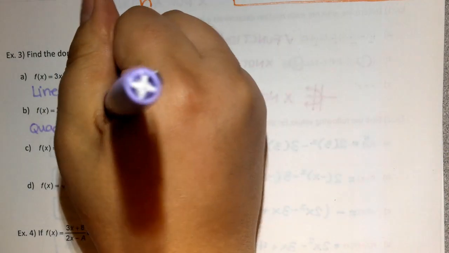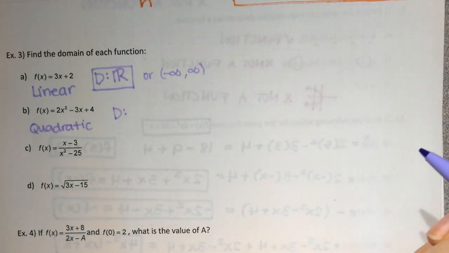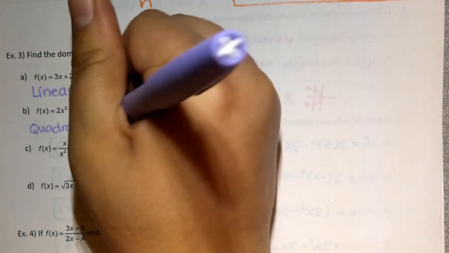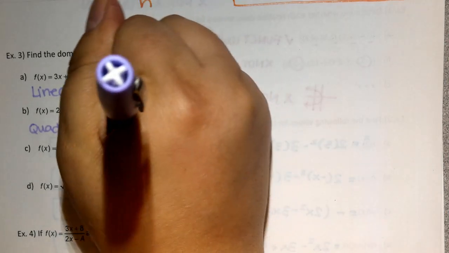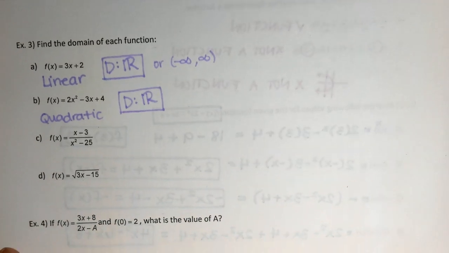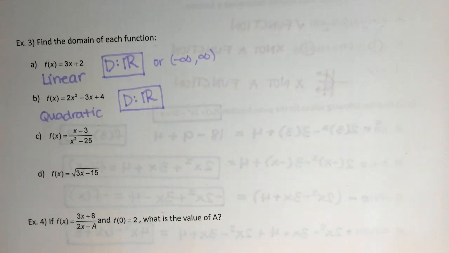What is the domain for quadratic functions? All real numbers. Parabolas go on forever in both directions. Negative infinity to positive infinity, it's all real numbers. So for linear and quadratic, unless it gives you a restriction, the domain is always all real numbers.